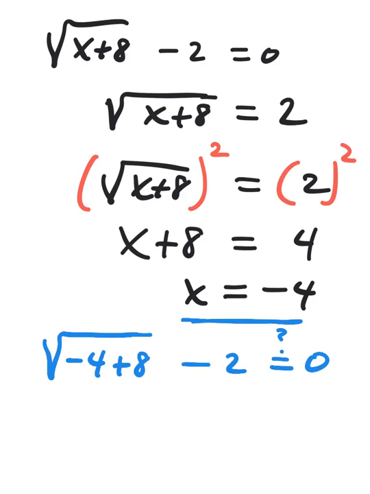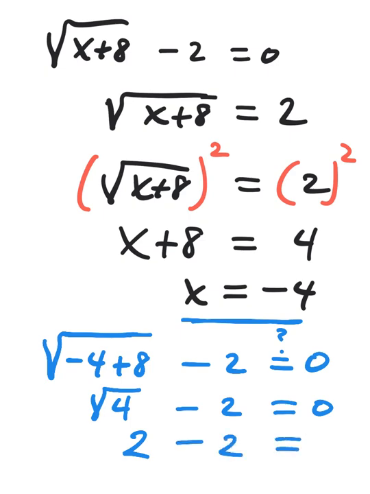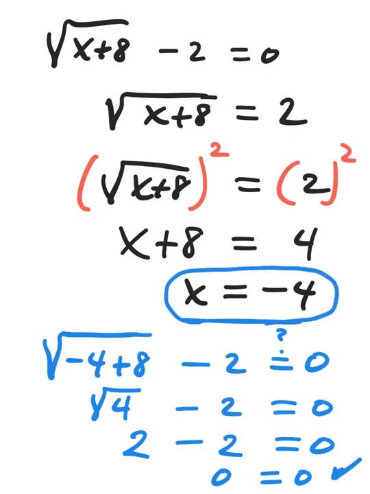I think it will. Negative 4 plus 8. That gives us 2 minus 2, which in fact does equal 0. Now since that's true, we get to keep this as our answer.